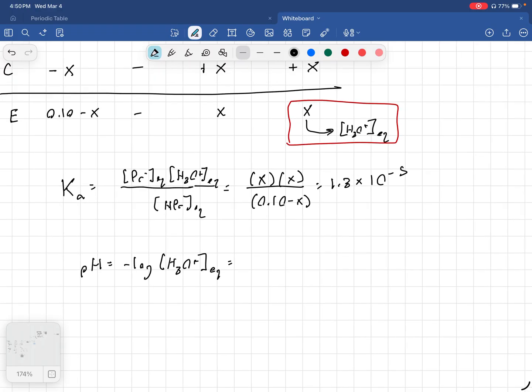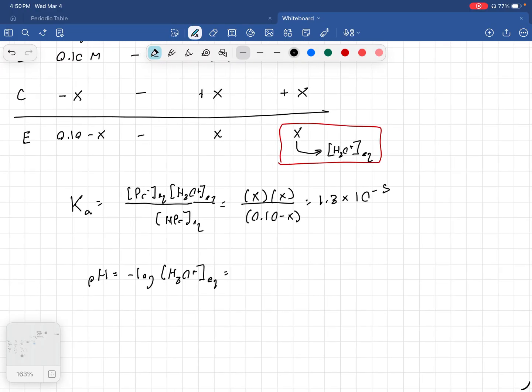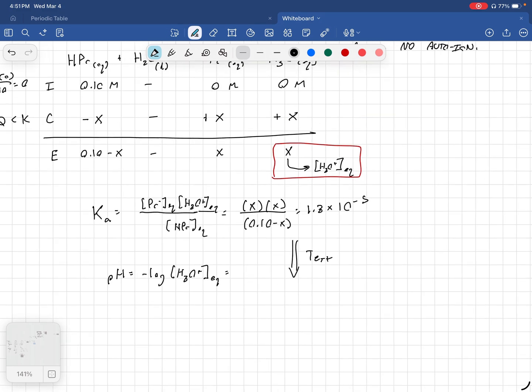Okay, so we could do our little test here to simplify things and make our lives a little bit easier. So we'll do our test. We take our smallest non-zero initial concentration divided by our K value, which is 1.3 times 10 to the negative fifth. Let me get out my calculator here.